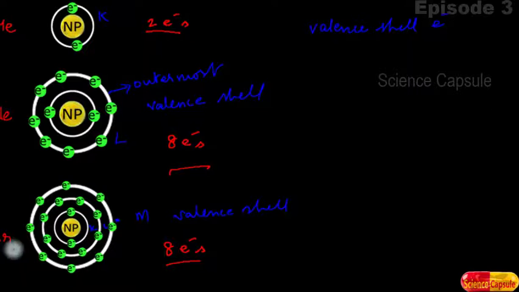In all these electronic configurations you can see that the outermost shell is completely filled. Such an electronic configuration is called a stable configuration, and elements having a stable configuration do not show any chemical reactivity, which means they do not react with any other elements since they are highly stable. I hope you understood the concept of a stable configuration, right?